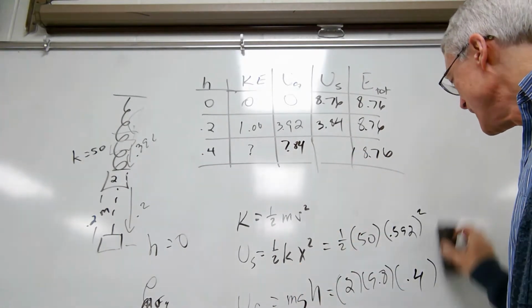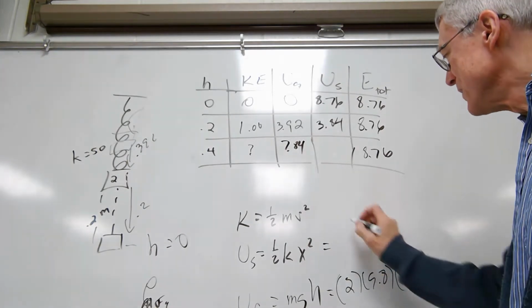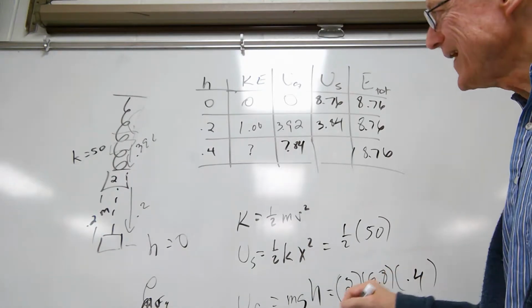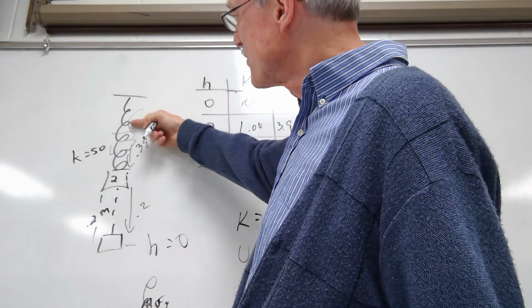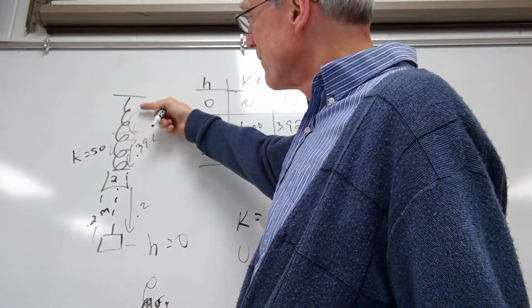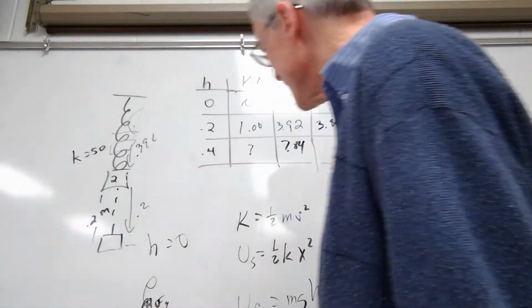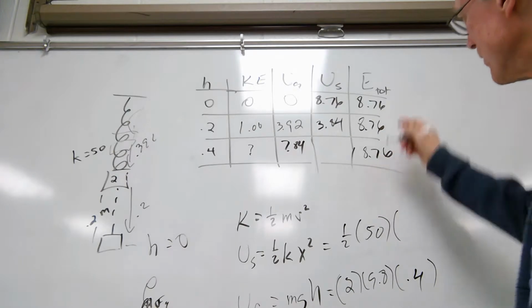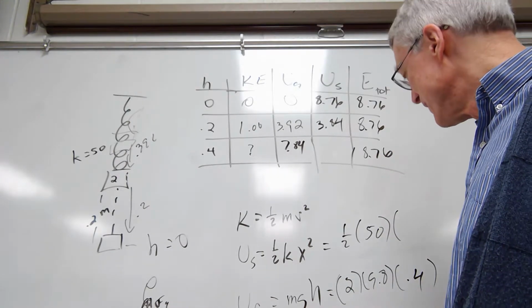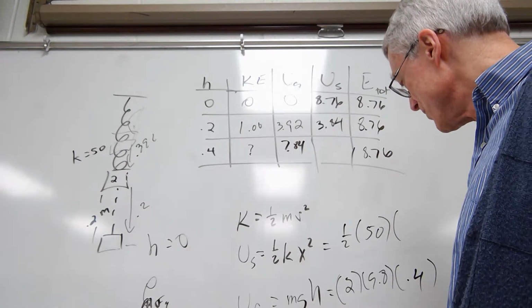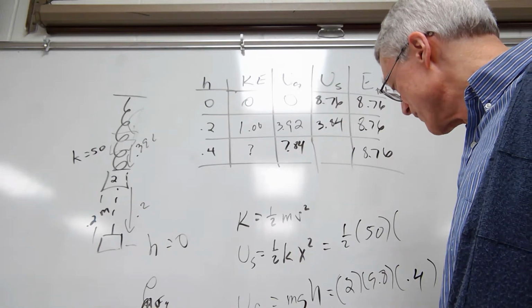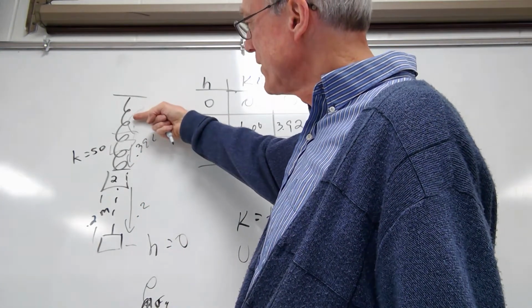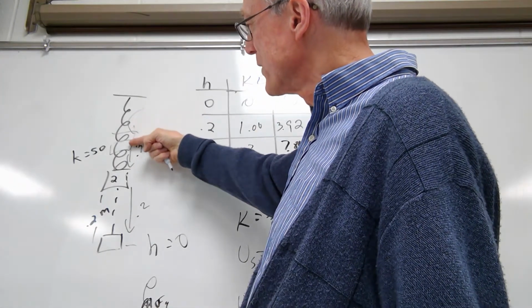That's 1/2 kx squared, and that's going to be 1/2 times k, we know, is 50. The x, remember, is the distance it is stretched from the top. And that's going to be the total distance, 0.592, minus the 0.4. 0.592 is when it's all the way up here unstretched, and 0.4 is where it is now.